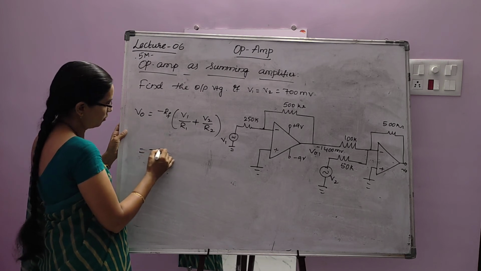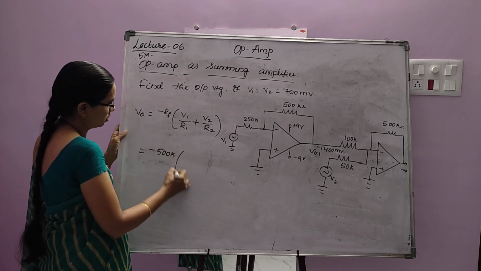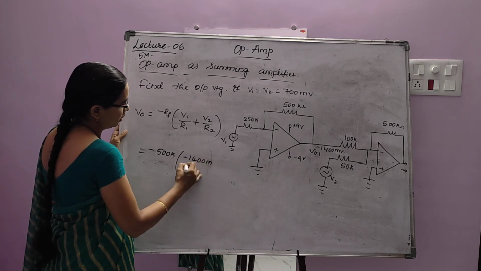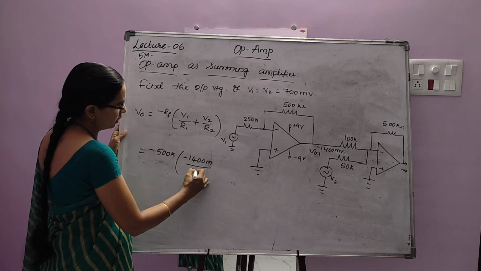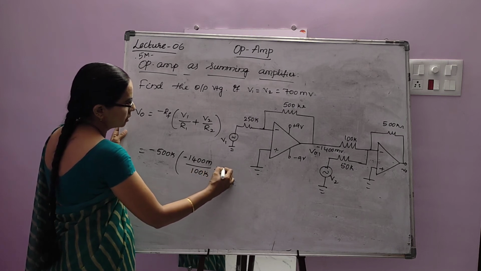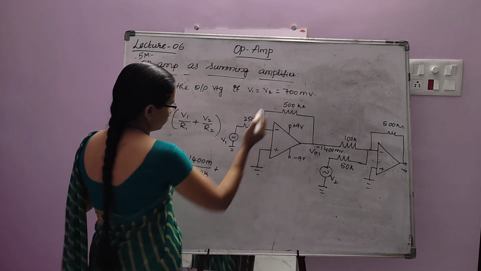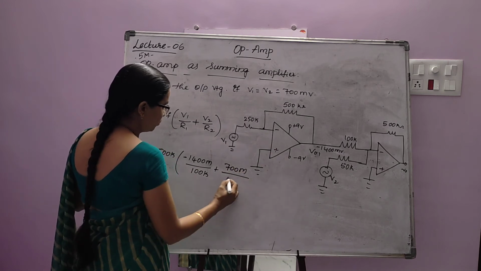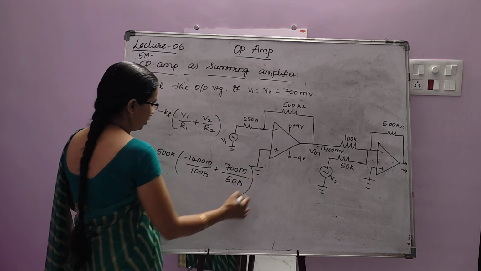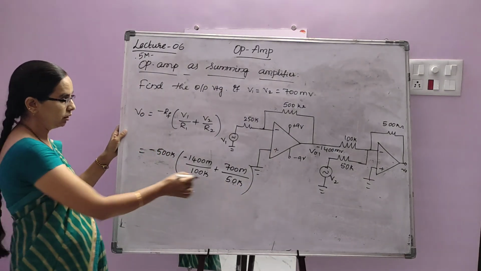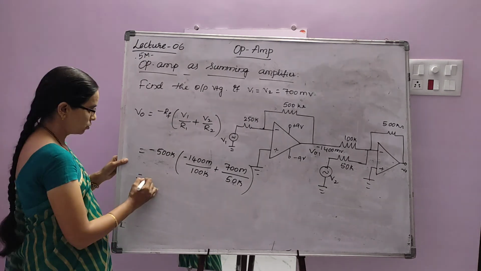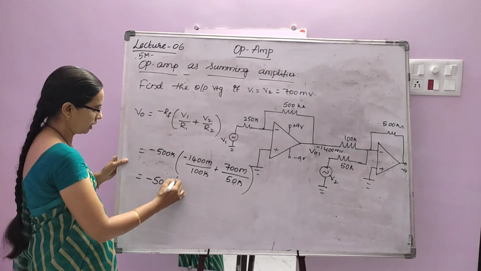Minus RF is 500 kilo, V1 is minus 1400 milli divided by R1 is 100 kilo plus V2 is also equal to 700 milli divided by R2 is 50 kilo. So if I take kilo common here, it will get canceled with this. So I write 500 only in the next step.